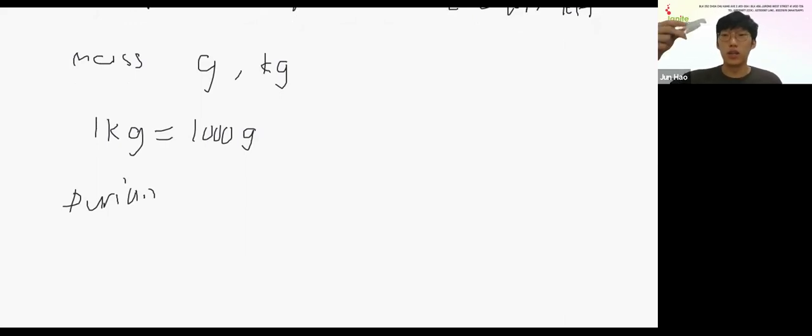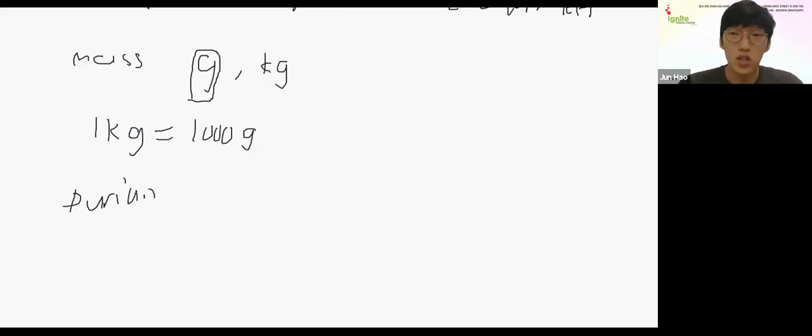Or even a ruler, a marker, all these very small, light objects usually go by grams. But durian is quite big and quite heavy when you carry it, so usually durian will be in kg. We'll usually say durian is about 2 kilograms in mass.